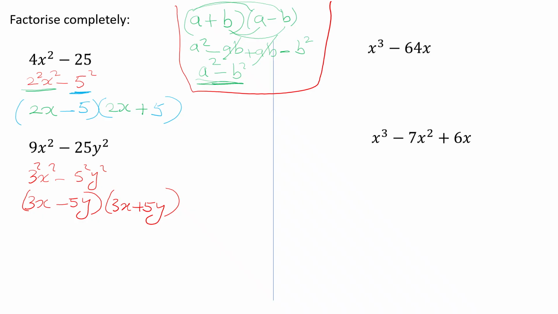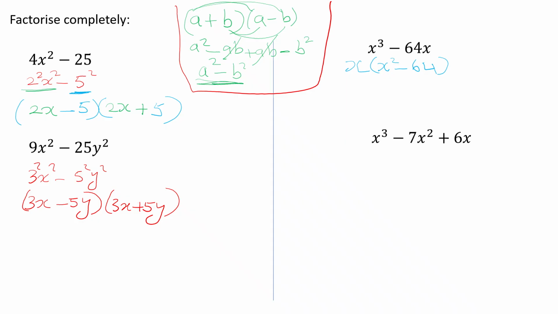Next one, x cubed minus 64x. So you can see both terms, x is the common factor. So I'm going to take out x. So x squared minus 64. Now you can see again a squared minus b squared format.